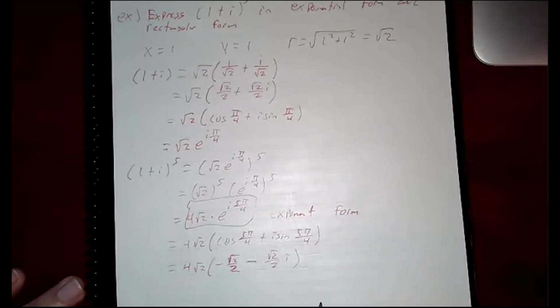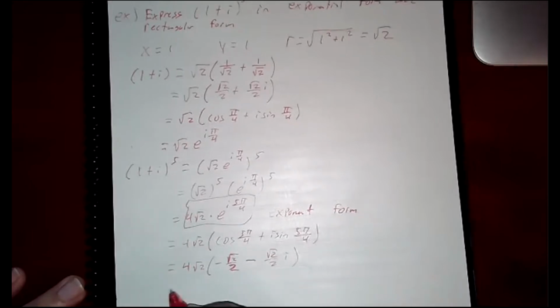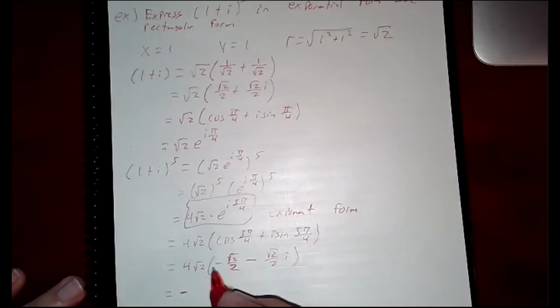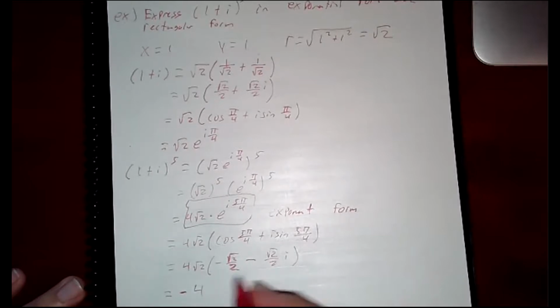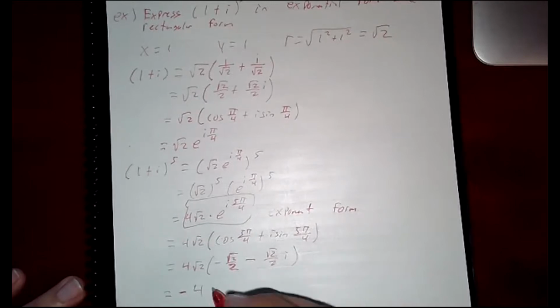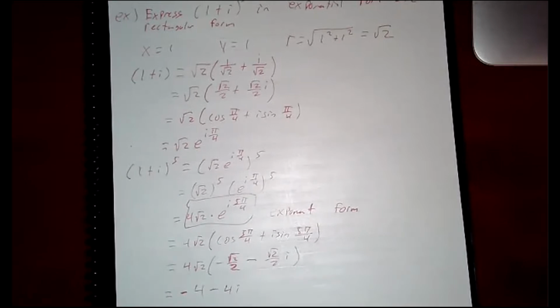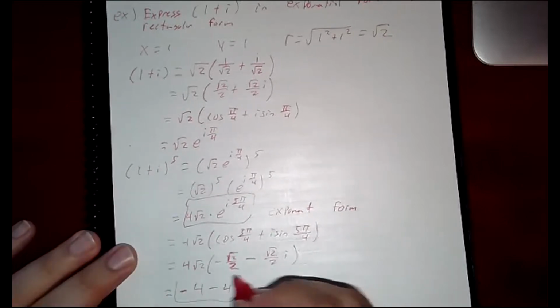Multiplying this through would give us negative 4, minus 4. This would be rectangular.